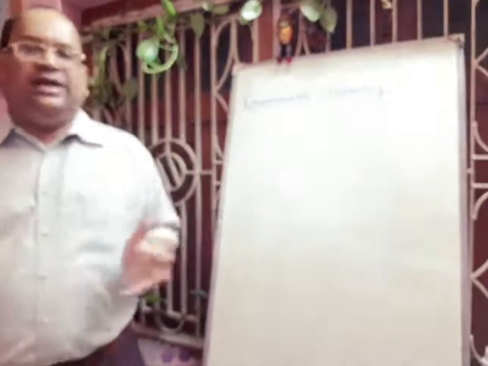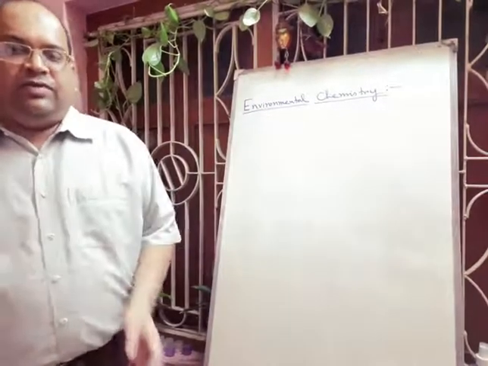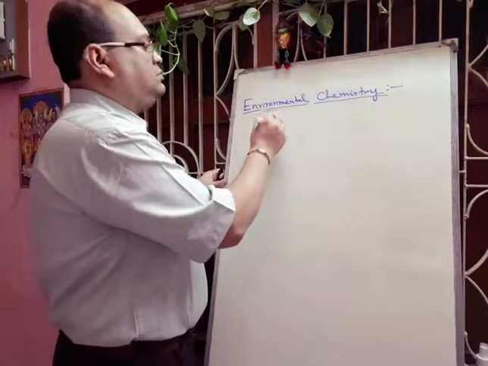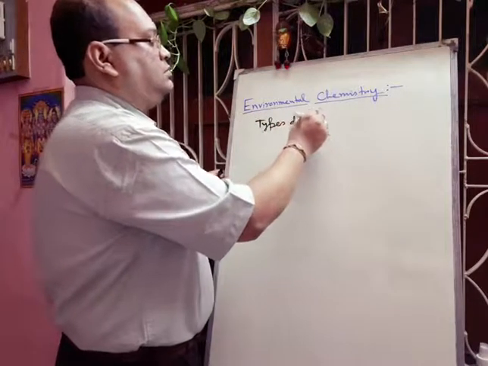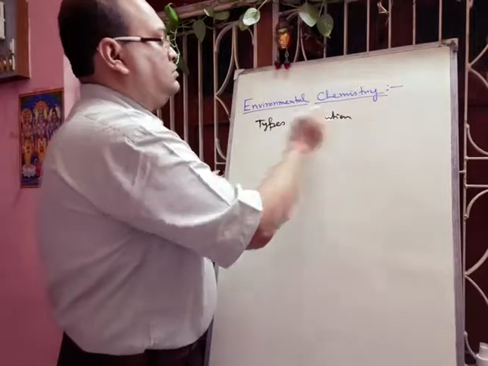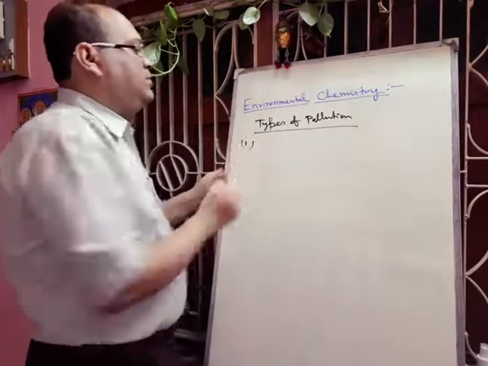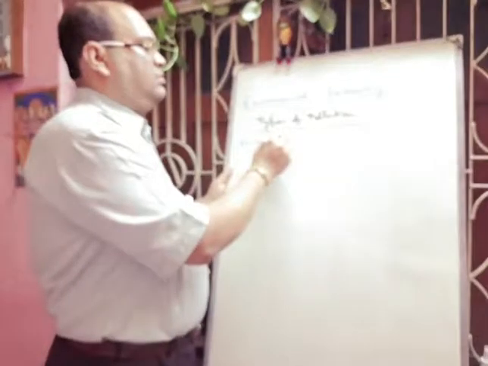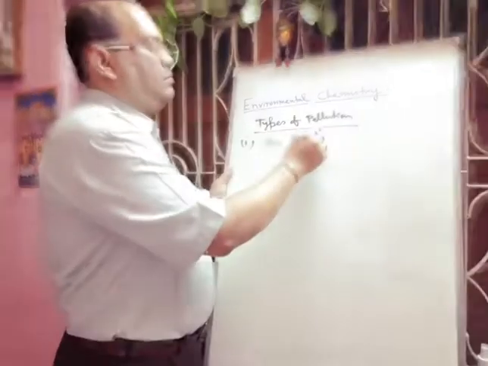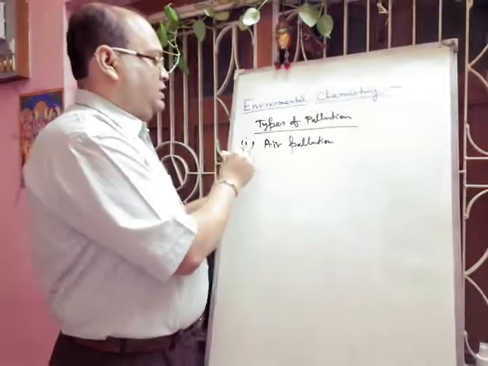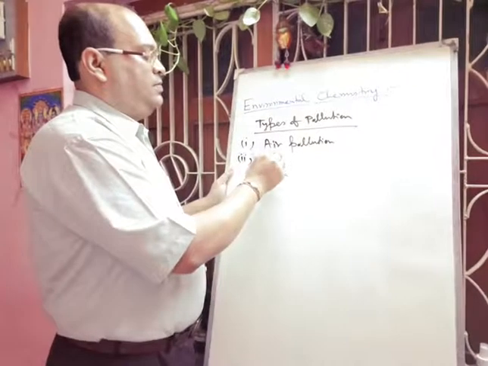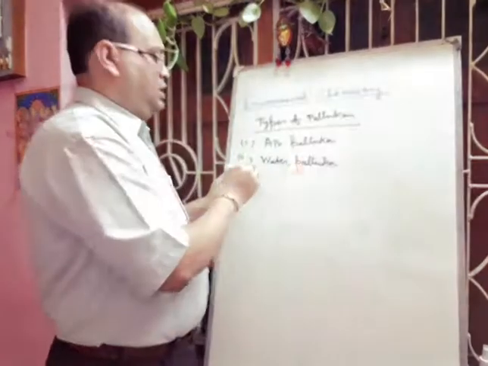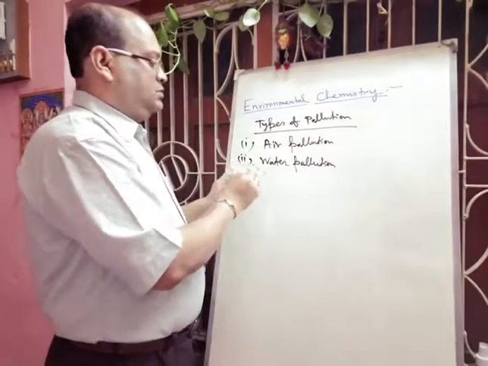Now there are different types of environmental pollution. So next we will write the types of pollution. First one, all of you know, atmospheric pollution or air pollution. Next you can think about water pollution. Next is soil pollution.